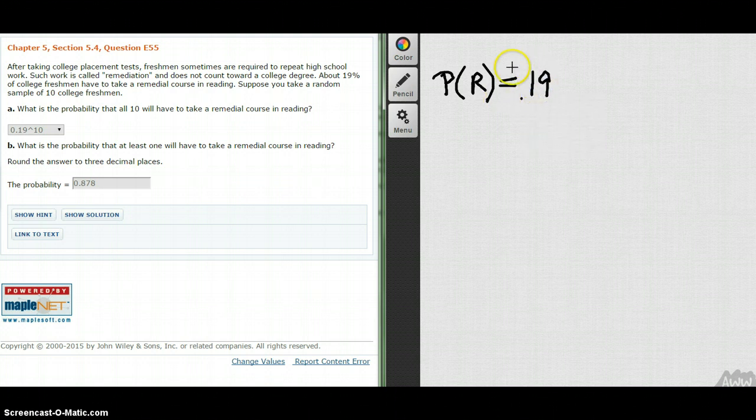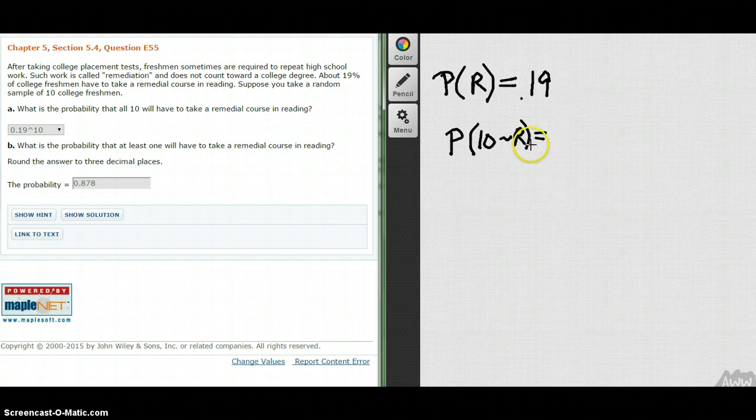Because we know that 19% of all people, so if we just sample a random college freshman, there would be a 0.19 probability that that freshman does take a remedial course in reading. But that's not what we really want to know. We want to know the probability that 10 take a course in remediation.